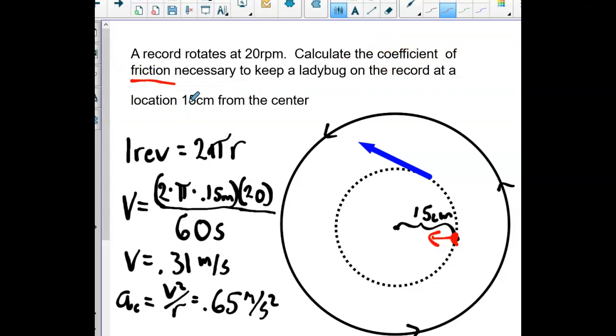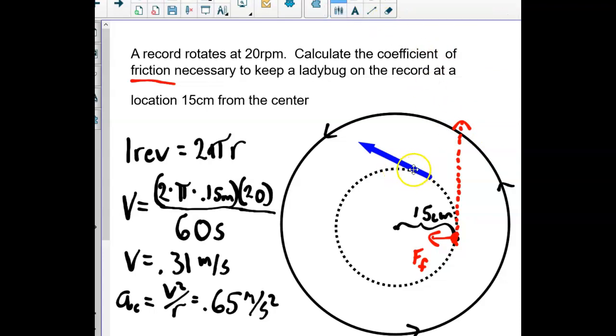Instead of looking from the top down, where I'm really only seeing one force, and actually this would be a frictional force that's going to keep them in place. This is a force of friction here, because without friction to make them move in a circle, this thing would just continue to go off in a straight line like Newton's first law would dictate.